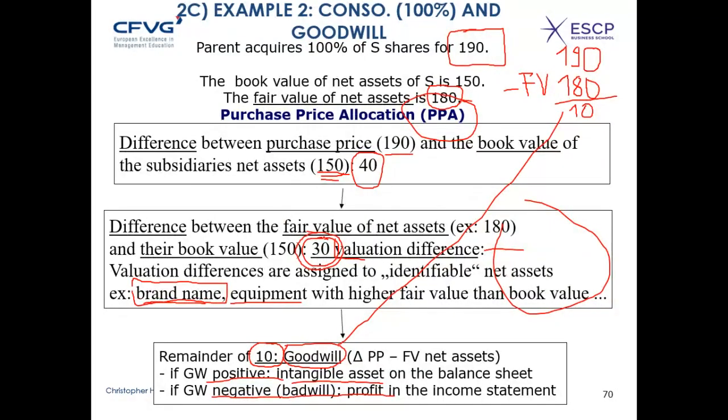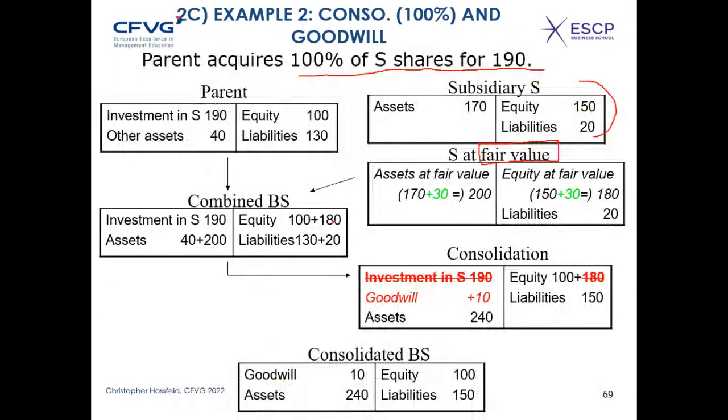And here in the slide, we identify the valuation difference of 30, for example, related to a brand name. Well, now I will incorporate this brand name in the balance sheet of S. So plus 30, because remember, from a group perspective now, it's a purchased brand name, a purchased intangible asset. Purchased intangible assets need to be in the balance sheet. Therefore, I put it in the balance sheet.